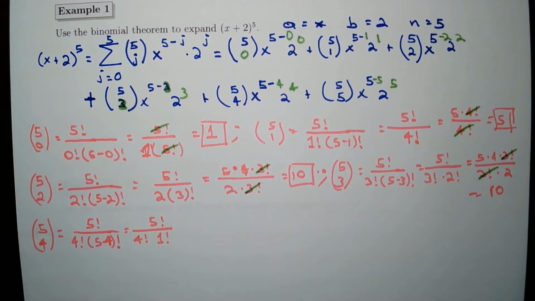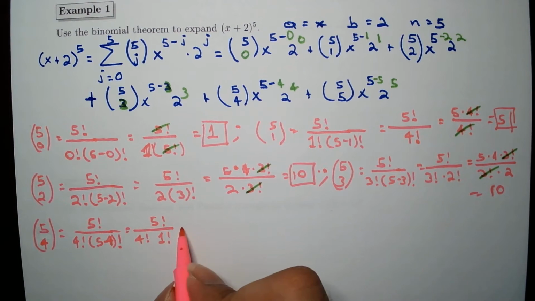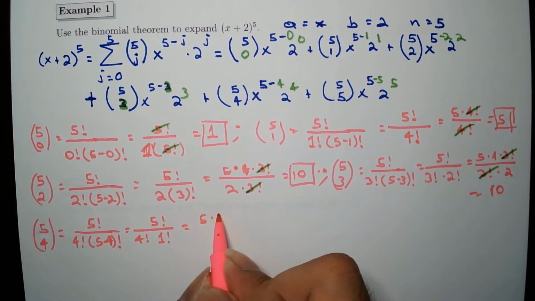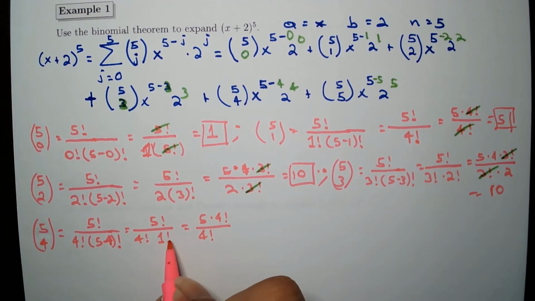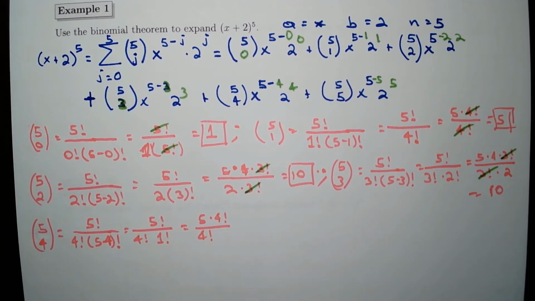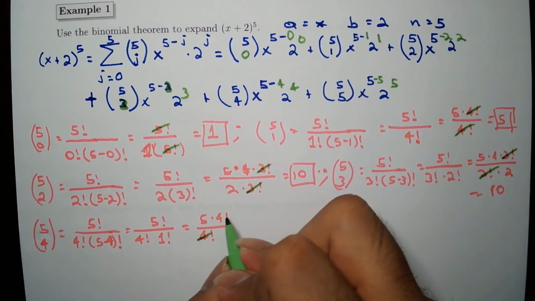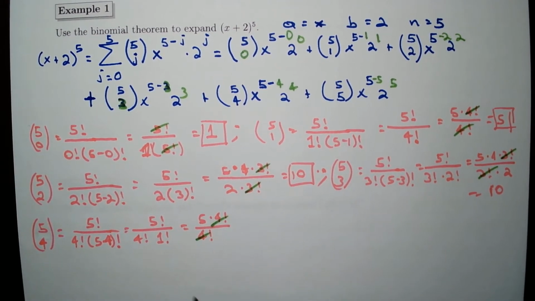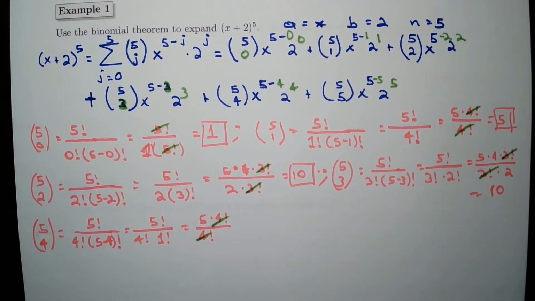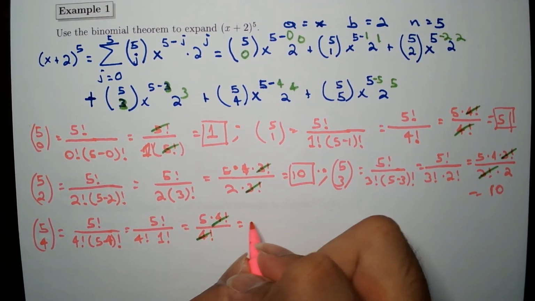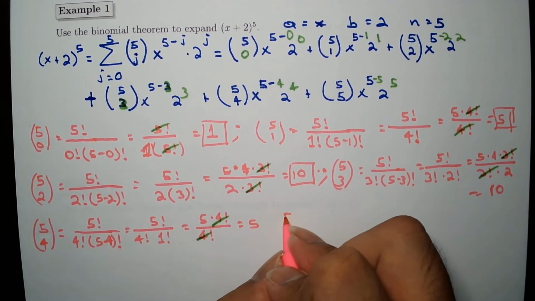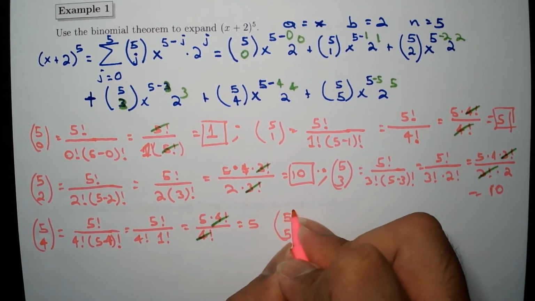But 1 factorial is simply 1. And then in this case, we do 5 times 4 factorial over 4 factorial. 1 factorial is the same as 1. I don't need to write that one. Goodbye. And this is 5.